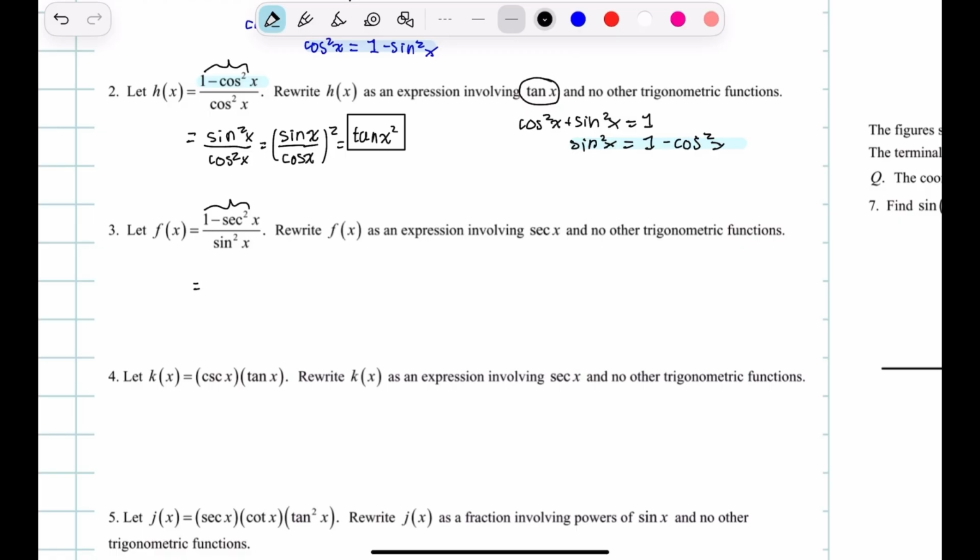So another trigonometric identity that we know is 1 plus tangent squared of x is going to be equal to secant squared of x.